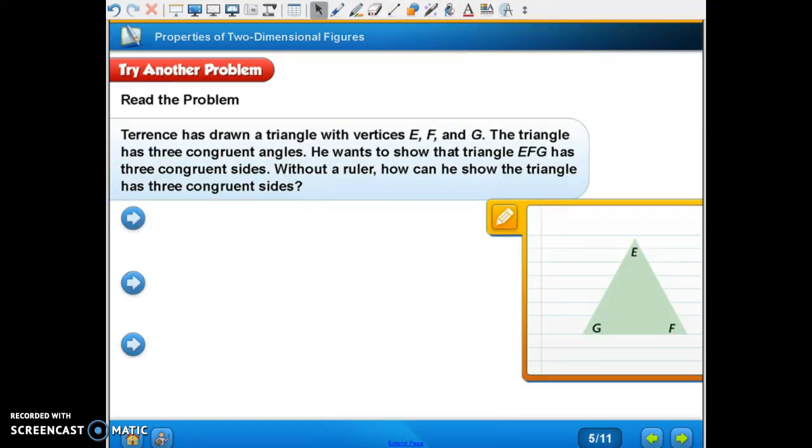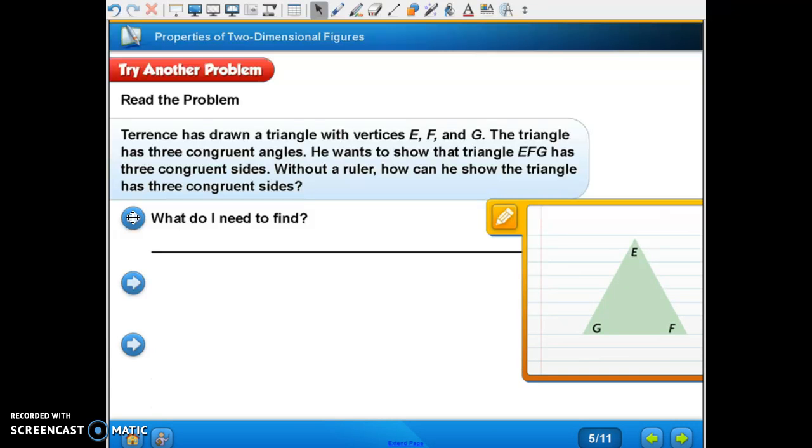Terrence has drawn a triangle with vertices E, F, and G. The triangle has 3 congruent angles. He wants to show that triangle EFG has 3 congruent sides. Without a ruler, how can you show the triangle has 3 congruent sides? What do I need to find?